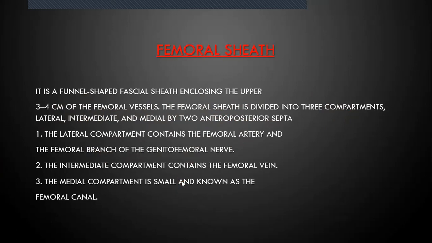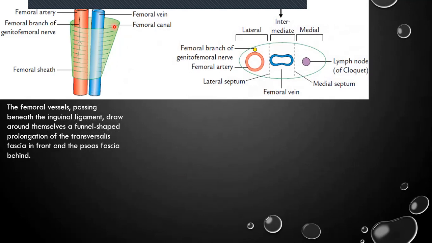Maybe an image will help you with that. You can see here, this is the femoral sheath. Now, the femoral vessels passing beneath the inguinal ligament usually draw around themselves a funnel-shaped prolongation of transversalis fascia.